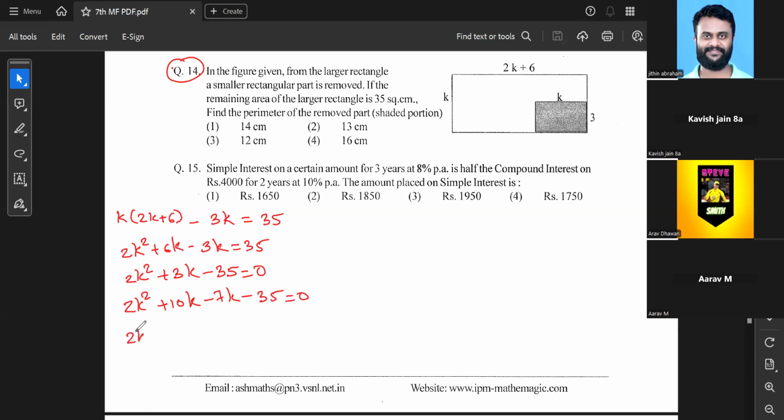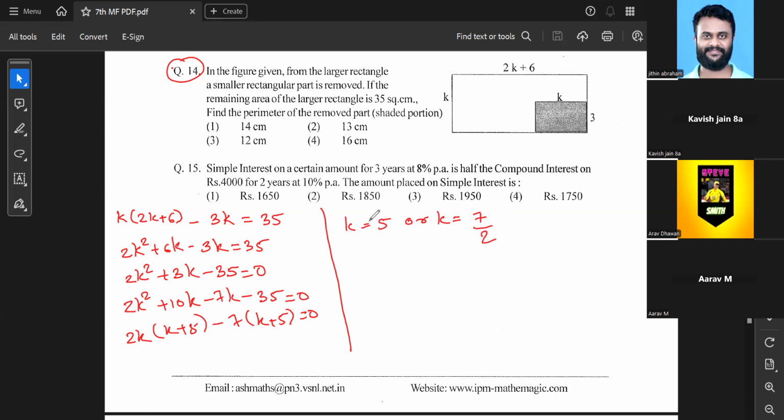That will give you 2k in the bracket k plus 5, minus 7 in the bracket k plus 5. First I'm solving this by the regular method, then I'll give you a shortcut also. Don't worry. So the factors are k plus 5 and 2k minus 7. One gives k is equal to minus 5 and the other gives k is equal to 7 by 2.